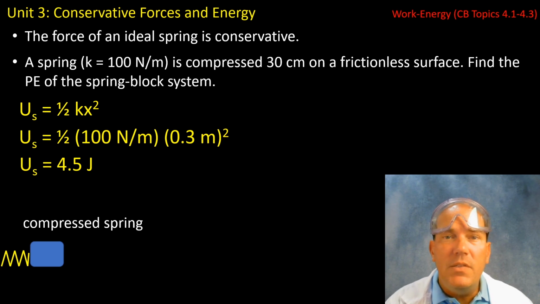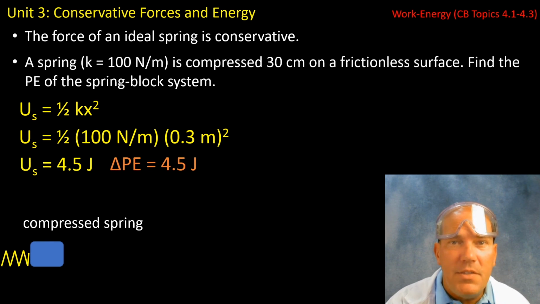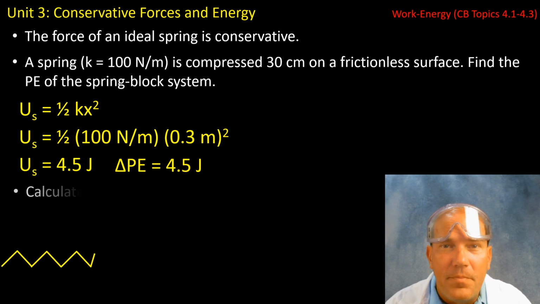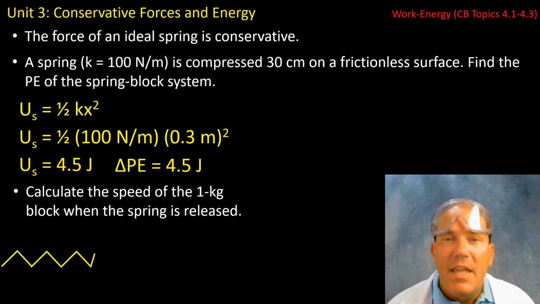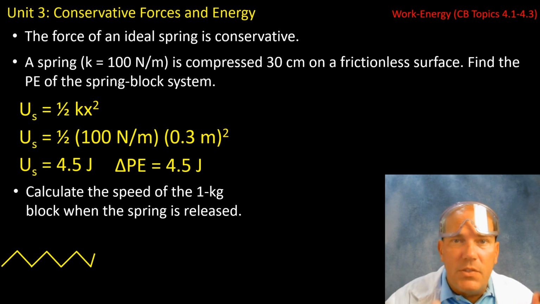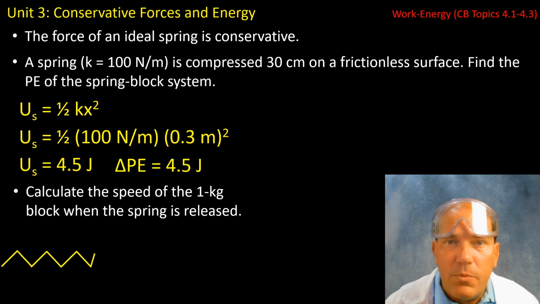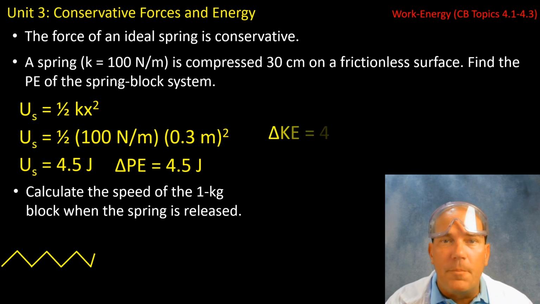But what happens when the spring is released? That potential energy is going to be changed into kinetic energy. So now we're asked to calculate the speed of the 1 kilogram block when the spring is released. So at that instant, all of the spring energy is converted into kinetic energy. So right when the spring was first released, we want to know how fast the block was moving.